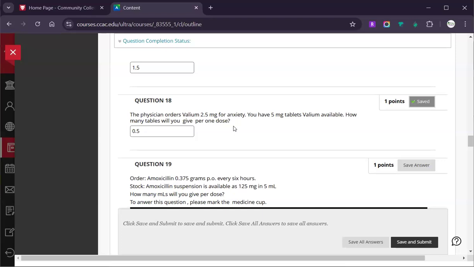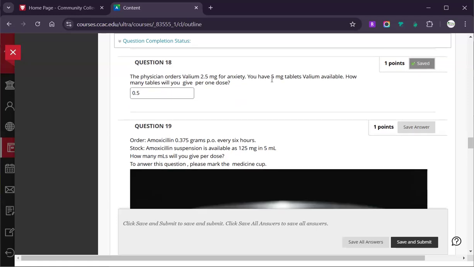So just make sure you clarify with your instructor: do you want us to write 1/2, or do you want us to write 0.5 if we have a half in our answer? Same thing if you had 1.5 tablets, you would still need to answer that question.